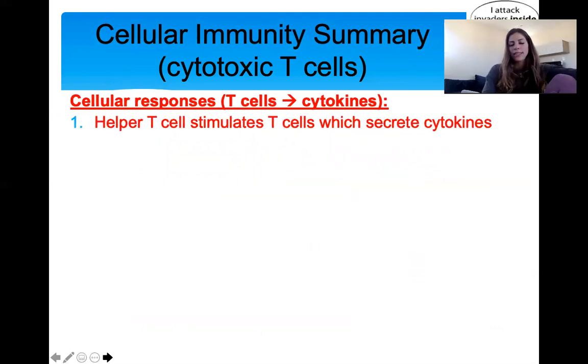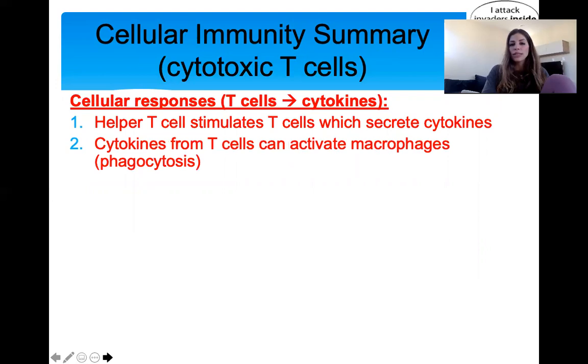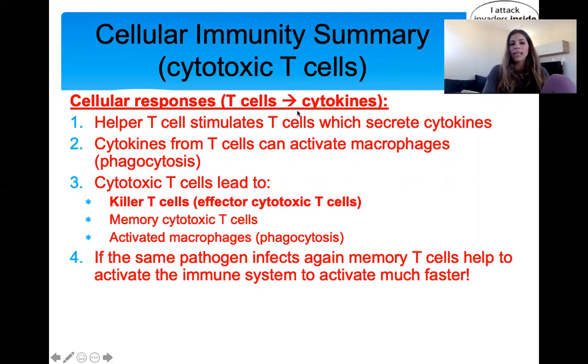The steps in this are, remember, with all adaptive immunity, you need activated helper T cells to go on to activate other cells. So helper T cells will stimulate other T cells to secrete cytokines. Those cytokines will activate cells so that you can get cytotoxic T cell activation.